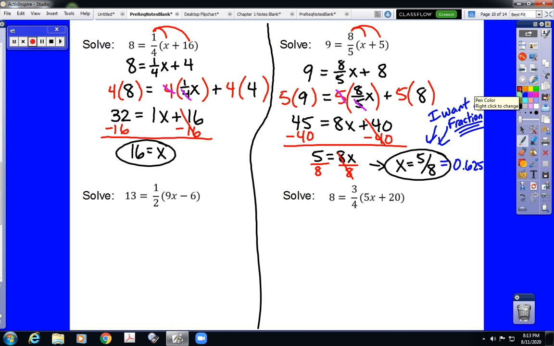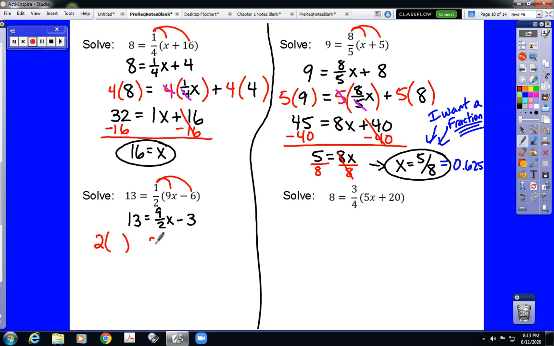Let's go through them. 1/2 times 9x, 1/2 times -6. That will give us 13 equals 9/2 x minus 3. And you could write that as 9x over 2. It is the same exact thing. We are then going to multiply all 3 terms of that by 2.